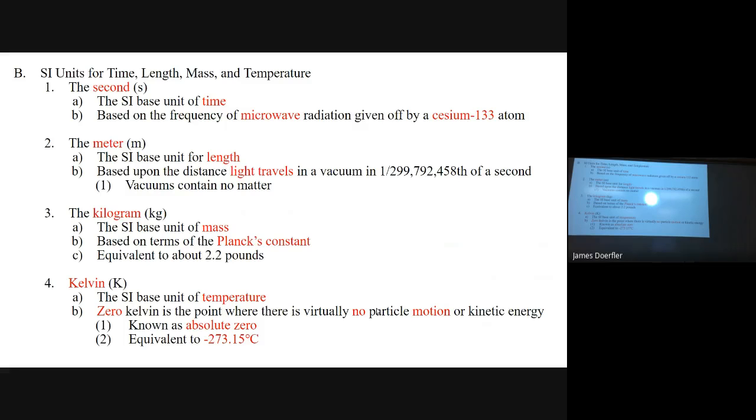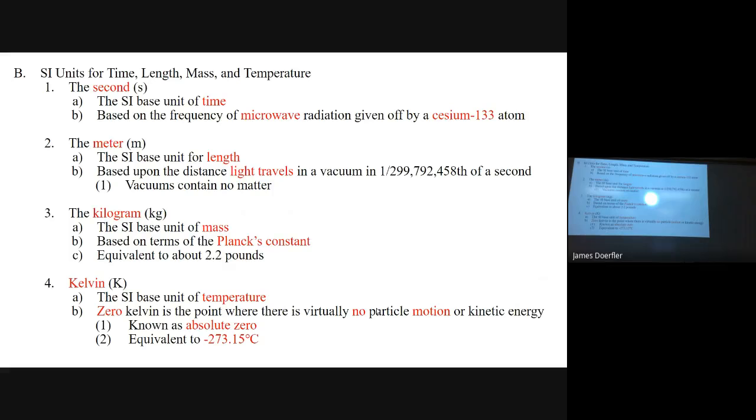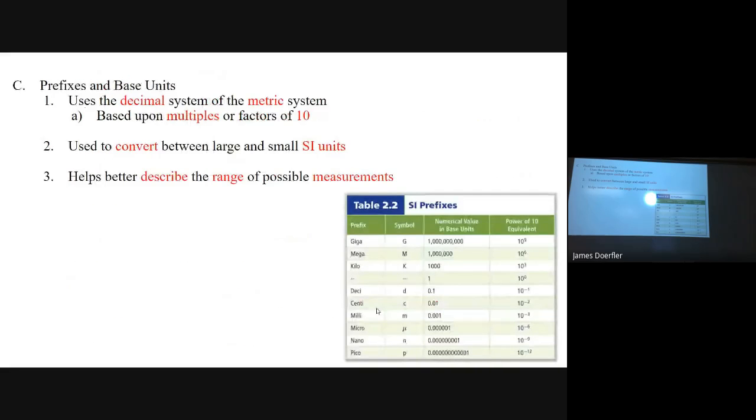Therefore, that is absolute 0, and this is equivalent to negative 273.15 degrees Celsius. That's pretty cool. Again, we didn't go through all of them, but those are the ones that we will be discussing the majority of the time.